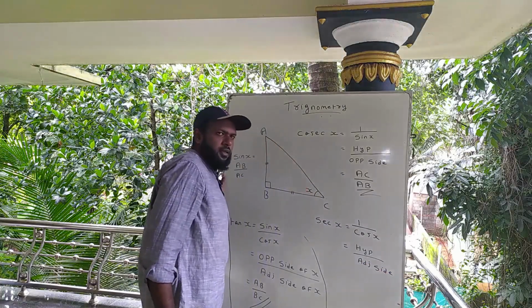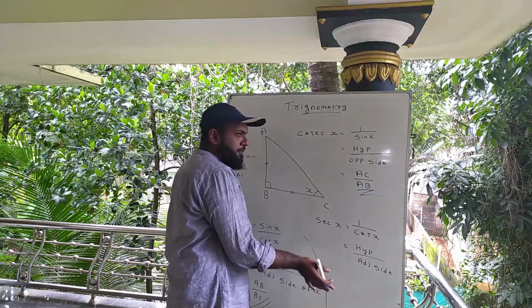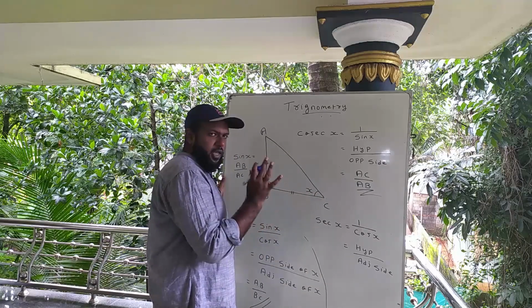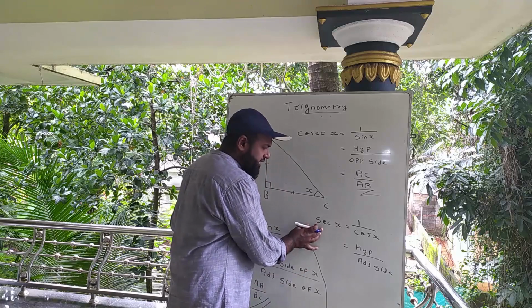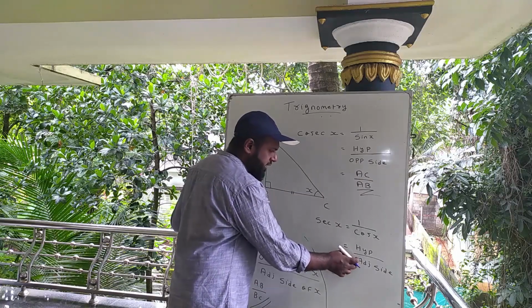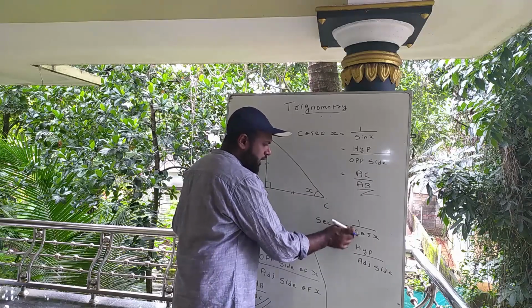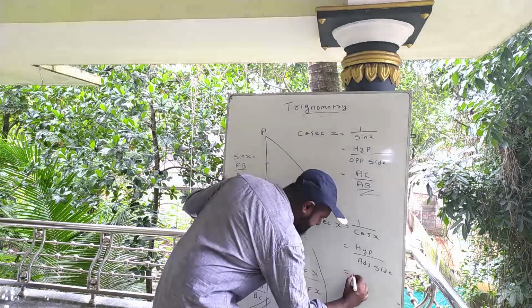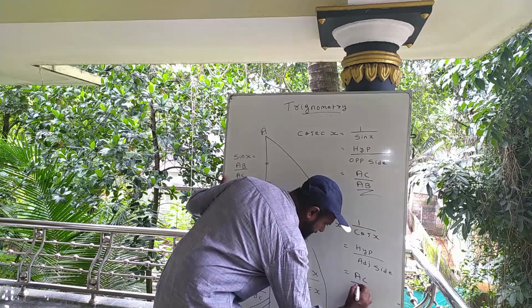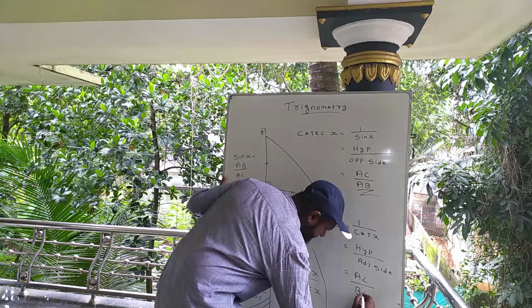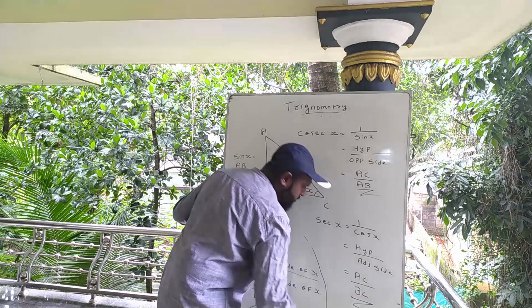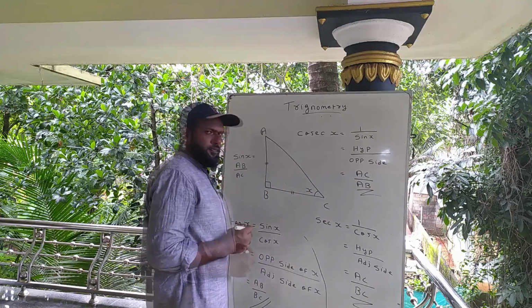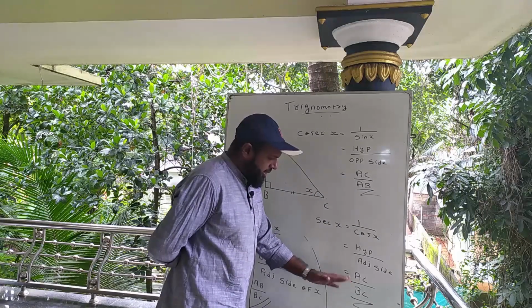We have written cos X as adjacent side by hypotenuse. Here we have to write sec X as hypotenuse by adjacent side because sec X equal to 1 by cos X. Here hypotenuse is AC divided by BC.